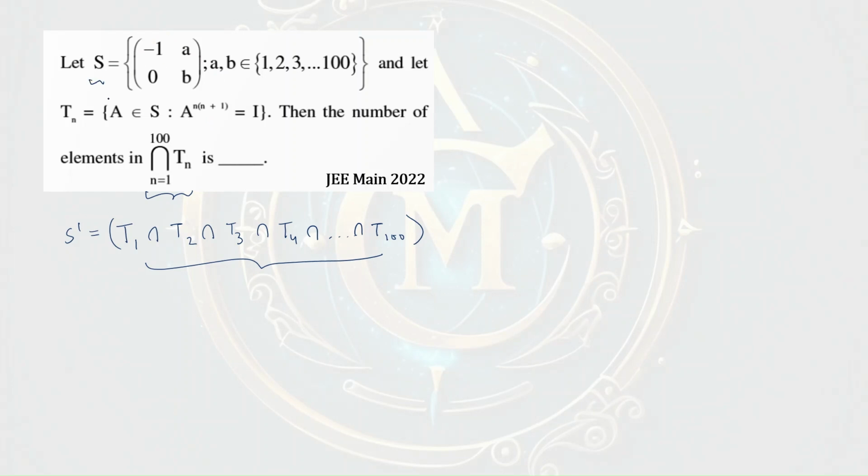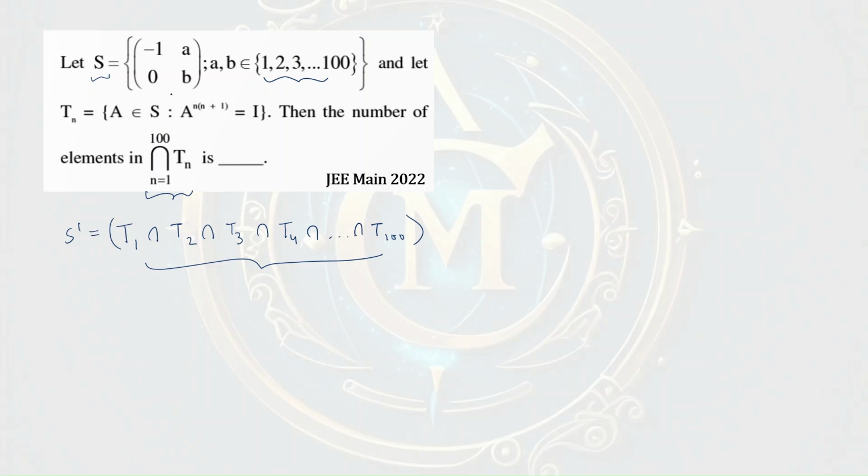Now S is given to be this. What does S mean? S contains all the matrices of this form where A and B can take values from the set of first 100 natural numbers. And Tn, this set is dependent on the choice of n.